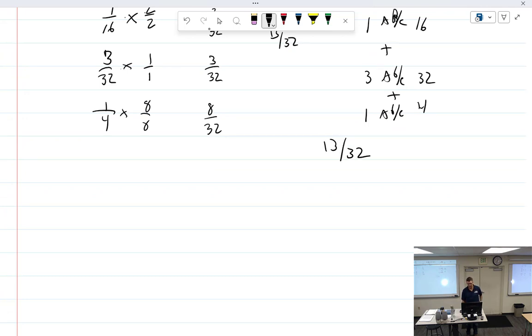13/32. By the way, I would want it in 32nds if I was dealing with rivets, but what if I wanted that in 1/16 of an inch? Divide 13 by 2. Let's think of an easy way we could do that. With your calculator, what would you do?